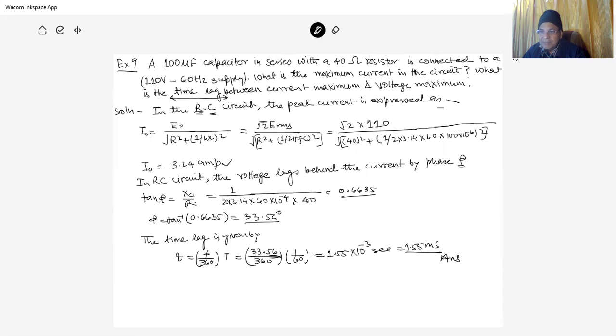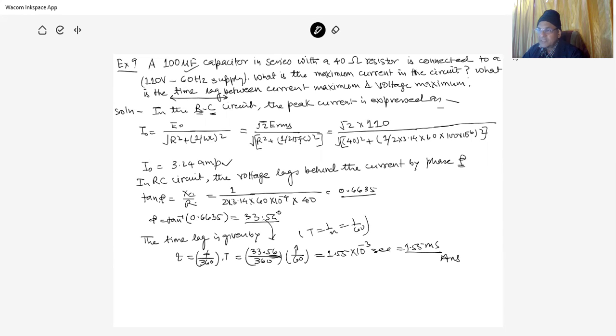So the time lag is given by phi by 360 into T. So phi is 33.56 by 360 into T, where the frequency is 60 hertz and time T is equal to 1 by n, that is 1 by 60.